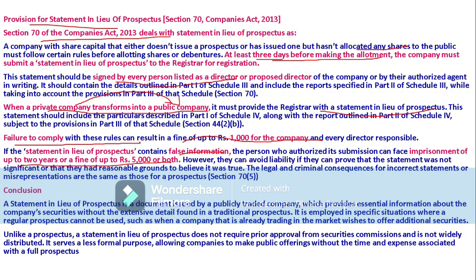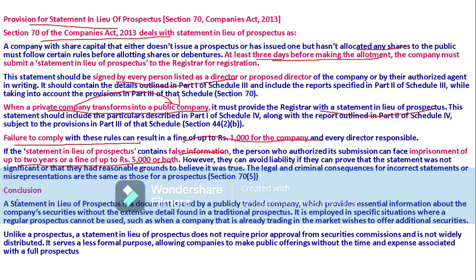Then the person who is authorized, or who signs on that statement in lieu of prospectus and submits it to the ROC, will be liable to 2 years of imprisonment or a 5,000 fine, or both can be levied on that person.